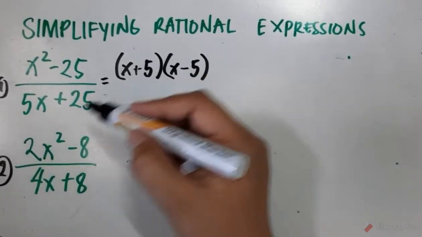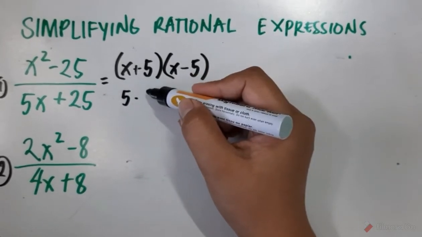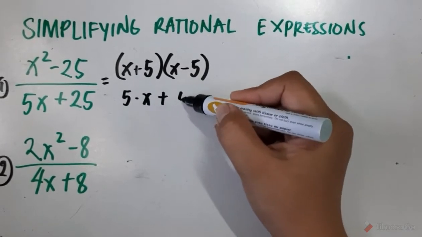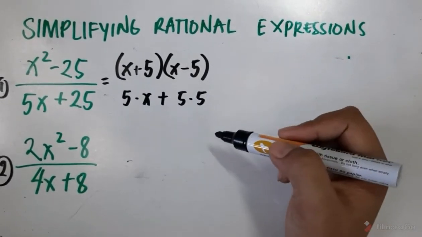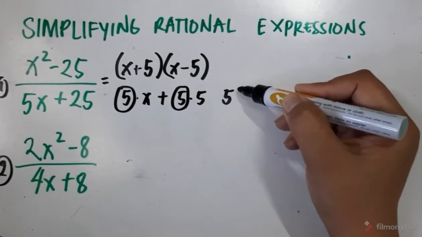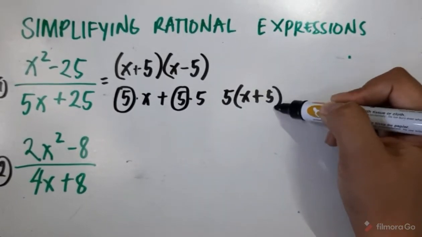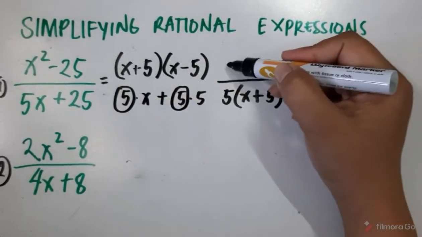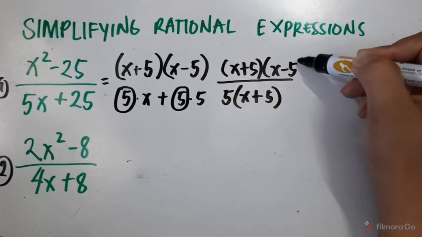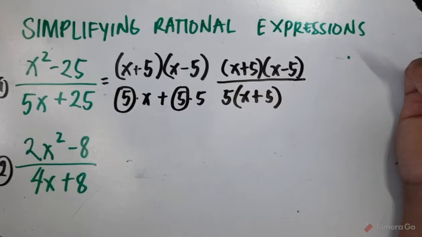Next is the common factor of 5x and 25. So the factors of 5x are 5 times x, and the factors of 25 are 5 times 5. So what's the common factor in this case? We have 5. So we will rewrite this as 5 times x plus 5. And then we copy that in the numerator, x plus 5 and x minus 5. Now we get the common factor of the numerator and the denominator.